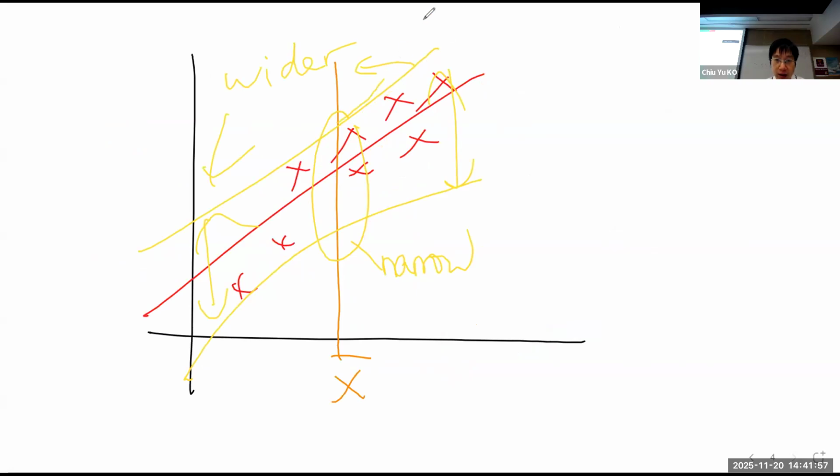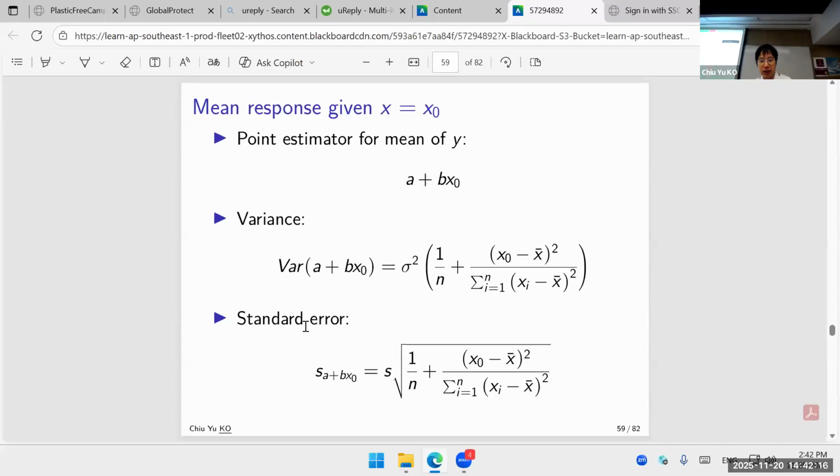Maybe you can think of it higher in this direction, and wider. The standard deviations are like this, because you just replace this by this and take a square root.